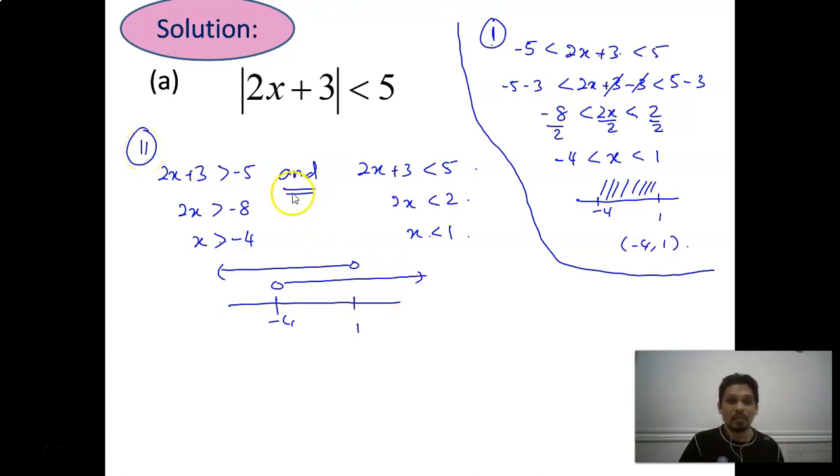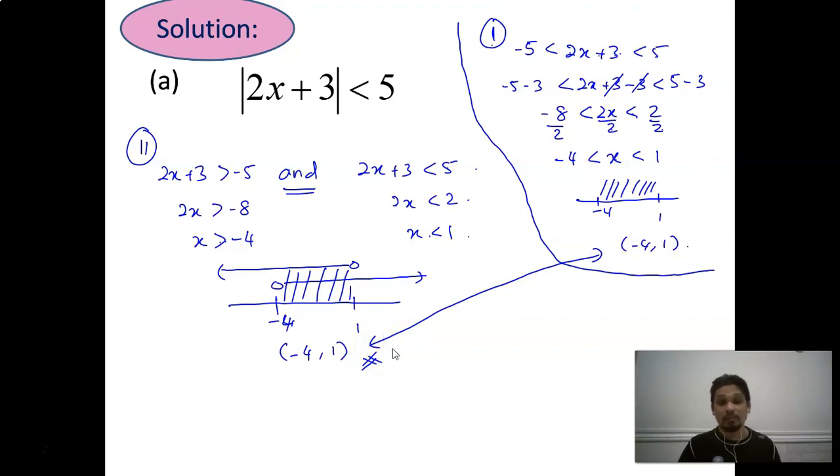When it comes to the term of x, we try to find where they intersect each other. It is here. So the solution set here is negative 4 until 1. So comparing, we get one clear, correct answer.